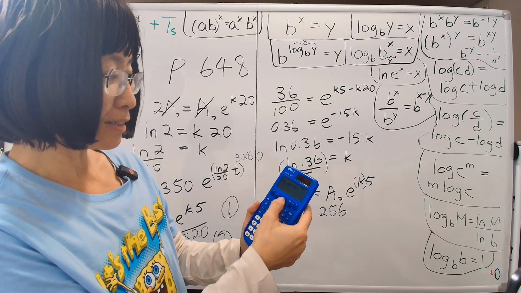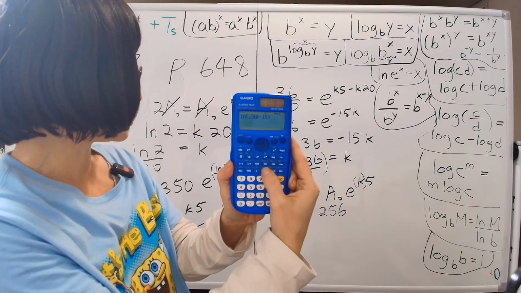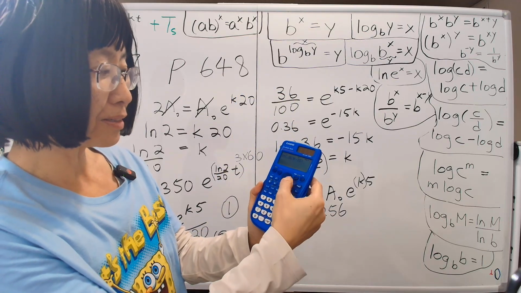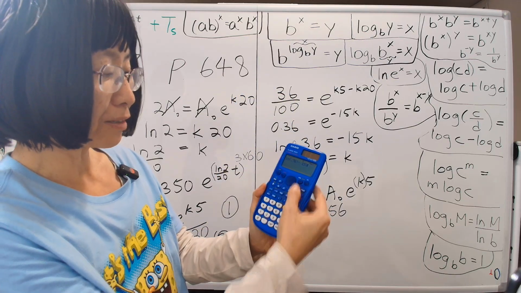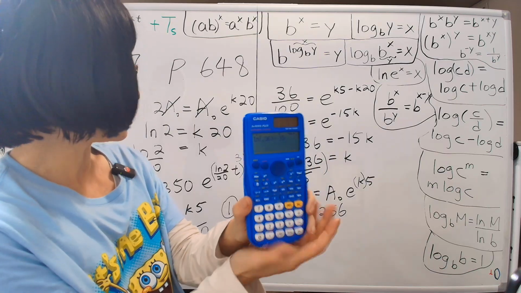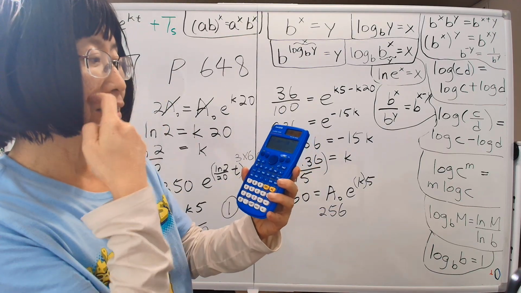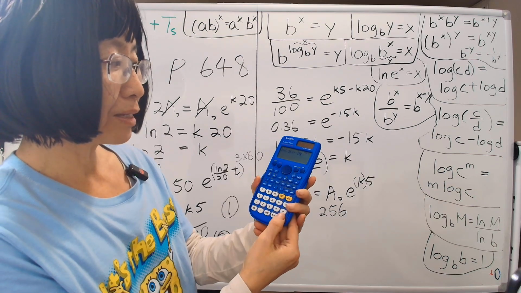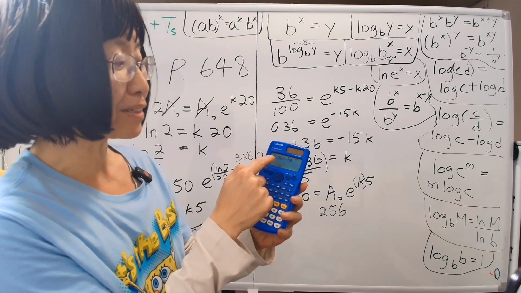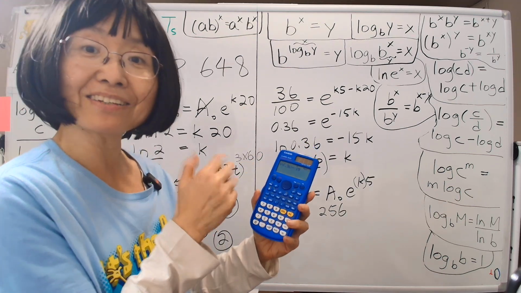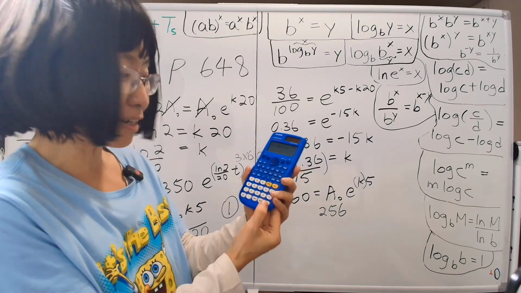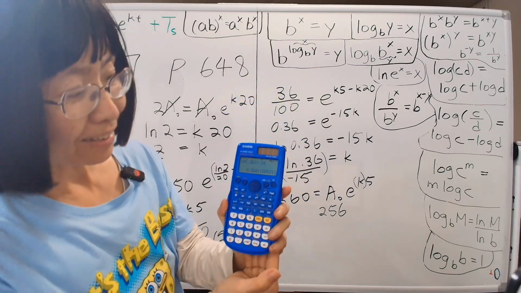The natural log only applies to 0.36. I need a close parentheses there, and there's no need for another close parentheses after 15, because it's only log 0.36, right? Natural log cannot take negative numbers. That's why when it says divided by a negative number, the calculator is like, what are you talking about? Okay, so that should be better.